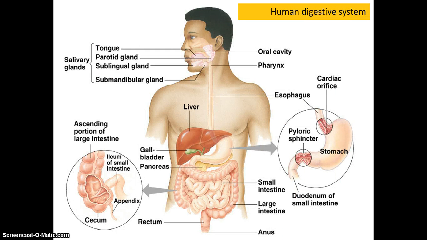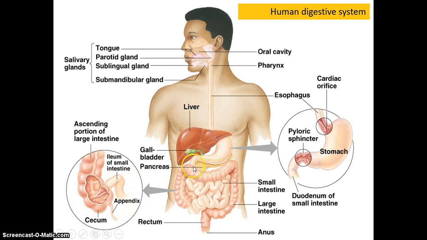So here's a diagram of our digestive system. When you think about the human body, it's useful to think of it as a tube inside of a tube. And the digestive system is just one long tube that food passes through. Along the way, it gets broken down into smaller and smaller pieces.